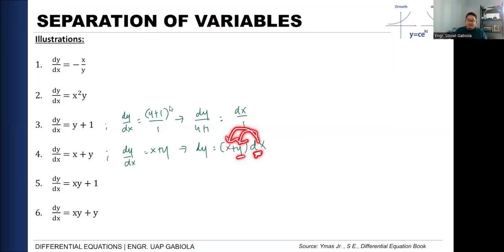So, this means na hindi siya pwede i-separate. Kahit pa i-factor mo yan, o i-transpose mo siya dito, may dx nga siya, so hindi pa din siya pwede. So, these cases na nagkameron ng product ng magkaibang variable will require a different method para i-solve siya. So, hindi mo pwedeng gamitin si separation of variables.